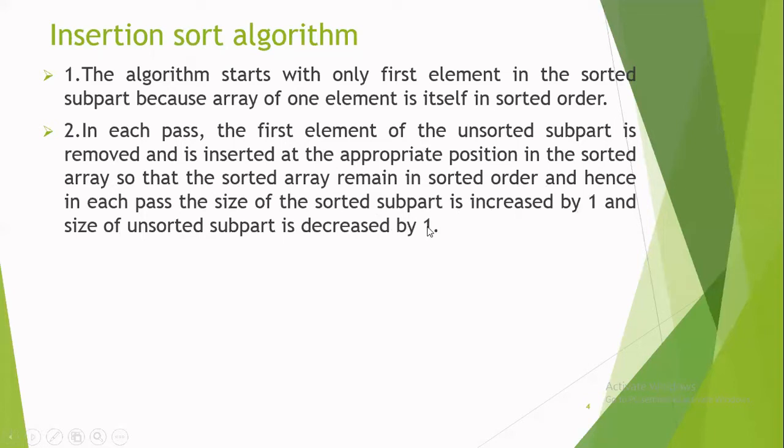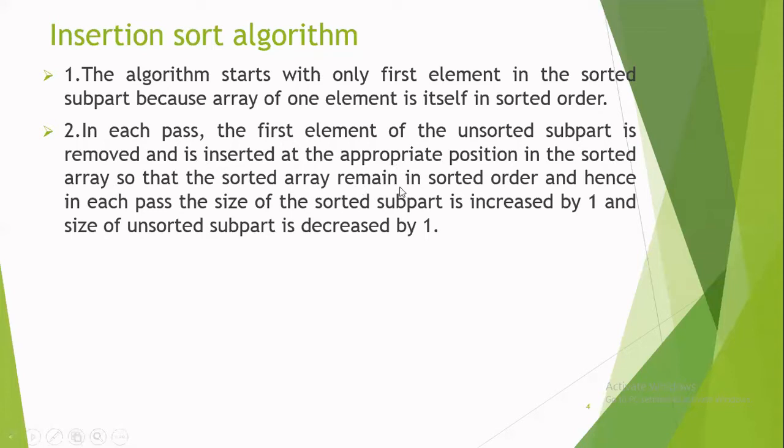in each pass the size of the sorted subpart is increased by 1 and the size of the unsorted subpart is decreased by 1. So what you are going to do is initially you will begin a sorted list with only one element, and that is the first element in the array. And in the next sequence, you are going to pick one element from the unsorted list and place that element in the sorted part by finding the appropriate position in the sorted part.